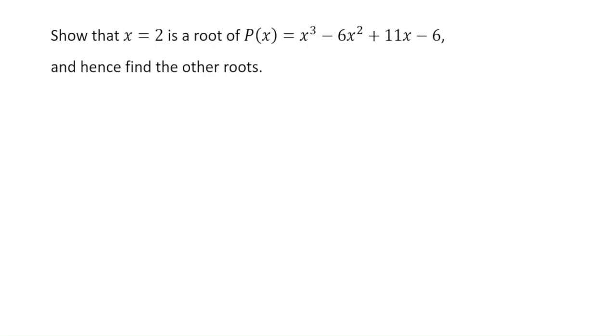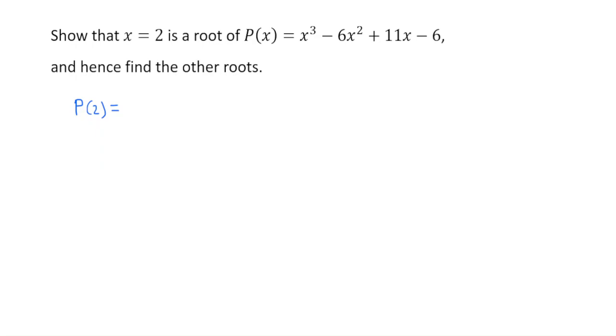Well, remember, what is the definition of a root? A root is such a value that if we substitute it into the polynomial, we should get 0. So what we're saying is, if it's true that 2 is a root, then we expect that P of 2 should equal 0. So let's try that out.